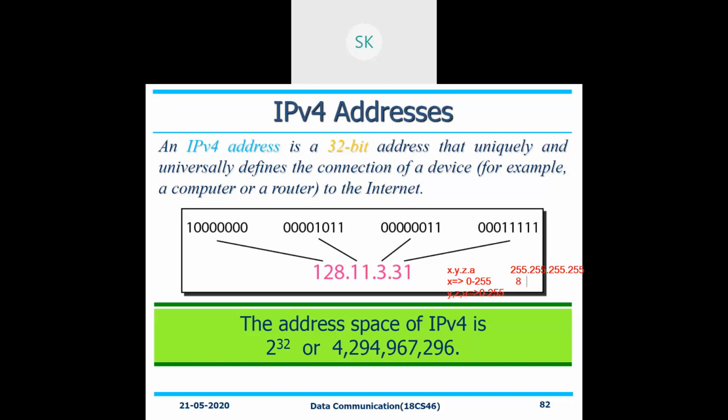Similarly, if I move on to the second block, after your decimal point, you will be having 8-bit length. The third one is also 8-bit. Similarly, the fourth one is also 8-bit. So 8 into 4 will be nothing but your total number of bits represented over here. So it will be 32 bit.